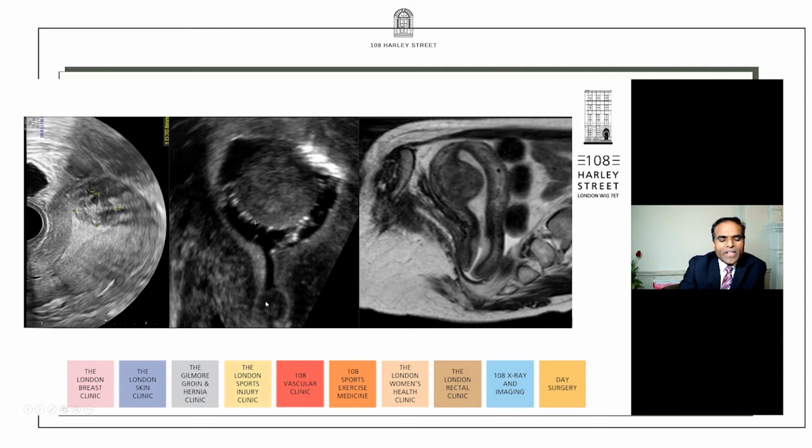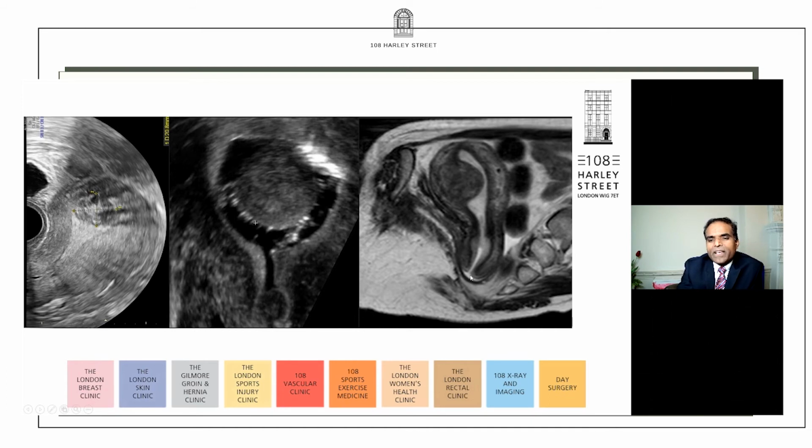This one is called SIS, Saline Infusion Sonography. The sonographer injects saline, and then the fibroid gets delineated and clearly seen. This is a semi-invasive intervention.